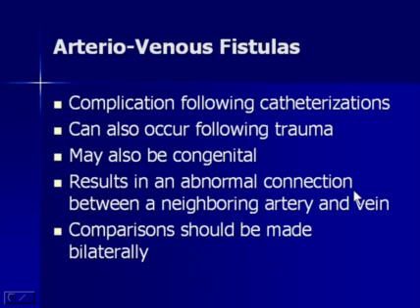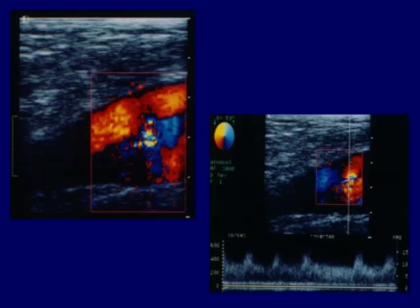Another complication that can be observed following trauma or catheterization is arteriovenous fistulas. Some AV fistulas may also be congenital, and it's basically an abnormal connection between an artery and a companion vein. In order to determine whether or not we're really dealing with a fistula, you can always decide by examining the contralateral limb and comparing those signals bilaterally.